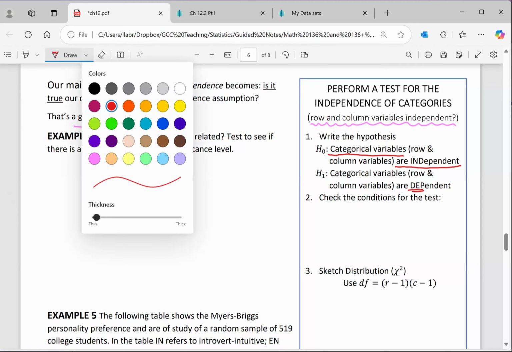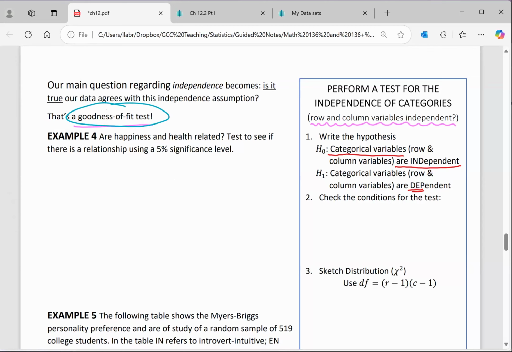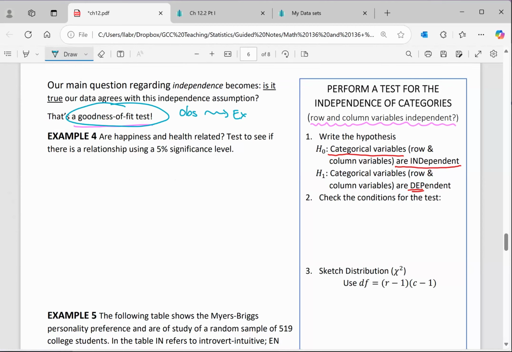The conditions for the test are very similar because it's essentially a goodness of fit test, as we saw previously, because from the data, from the observed, we compute the expected using the independence assumption.